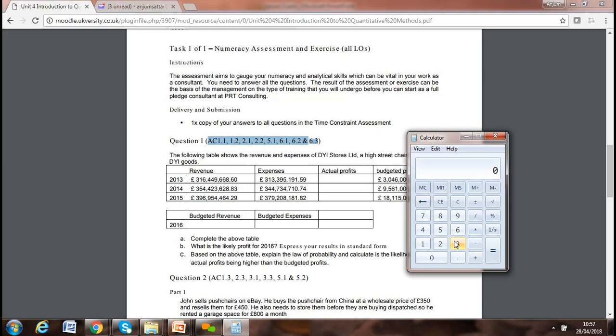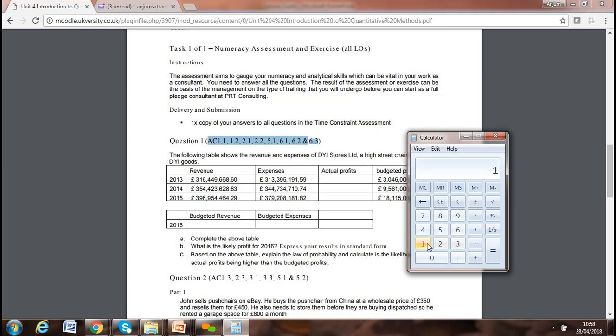2013 to 14 was 20%, and 2014 to 15 was 12%. Then, if I carry on reducing by 8% every year, in 2016 how much percent will my revenue increase? 4%.